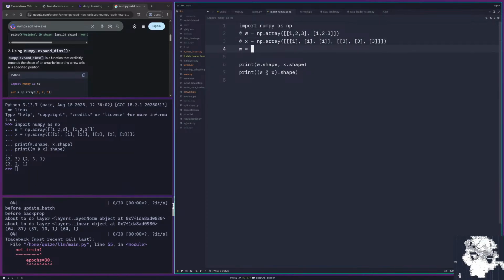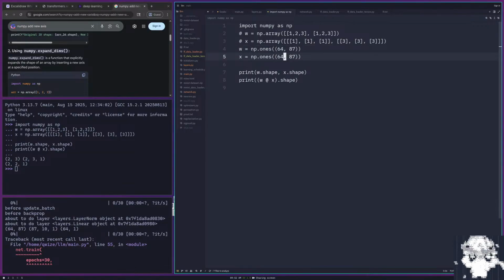Let's just say w equals numpy dot ones of this shape, and the shape is going to be 64, 87, x is going to be 87, 10.